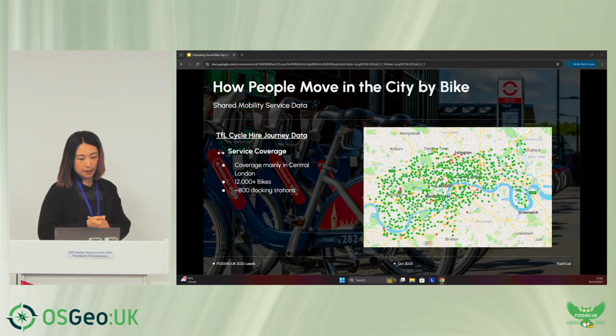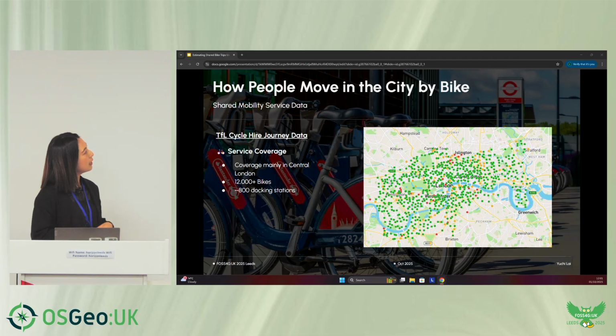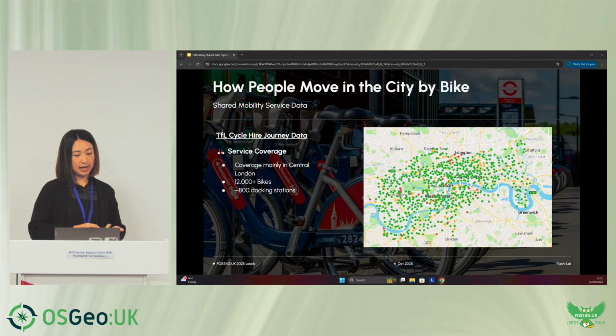So focusing on cycle trips in London, I use the TfL cycle hire journey data. This scheme covers central London, and it has 12,000 bikes and around 800 docking stations now. It has two bike modes, the pedal bike and the electric bike.